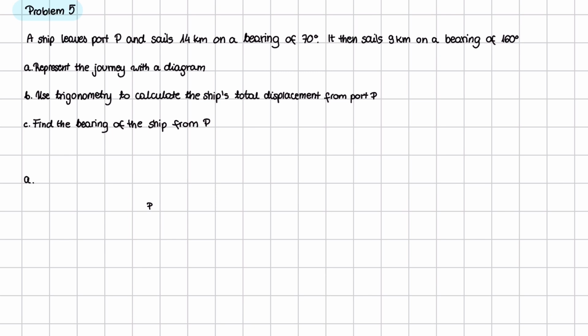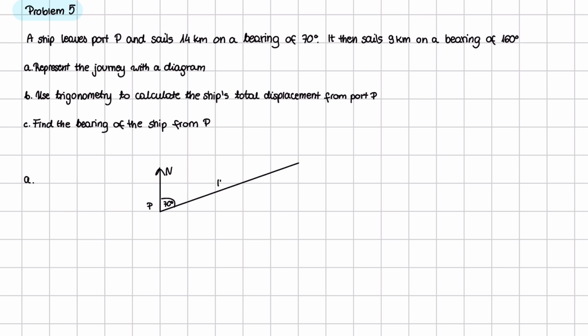When we are considering bearings, firstly we draw a straight line to north, like this, and then clockwise we have to make a bearing of 70 degrees. Here we know that this is 90 degrees, so let's draw it more or less like this, and here we have 70 degrees, and here we have 14 kilometers.